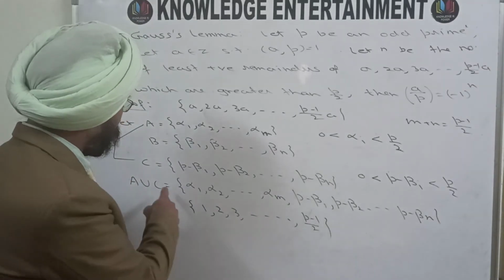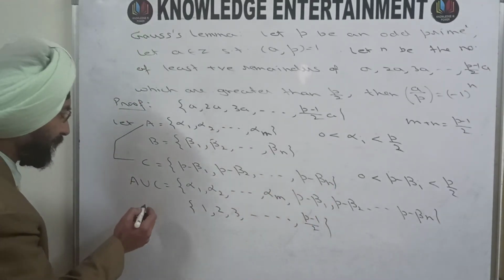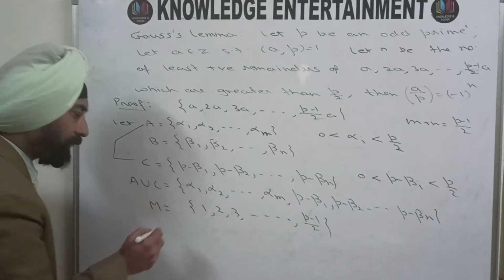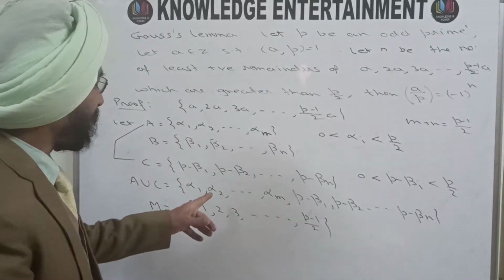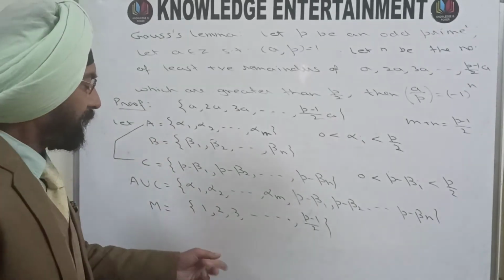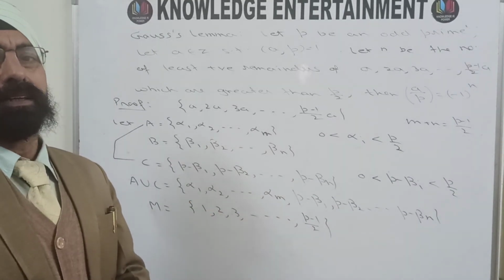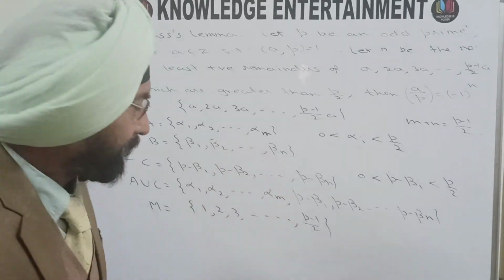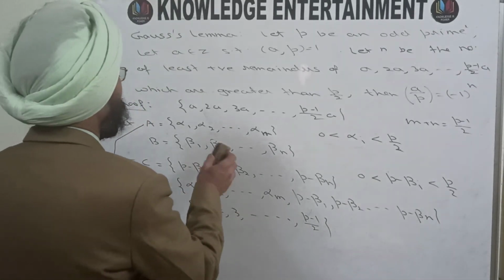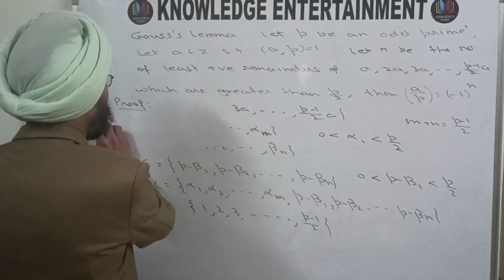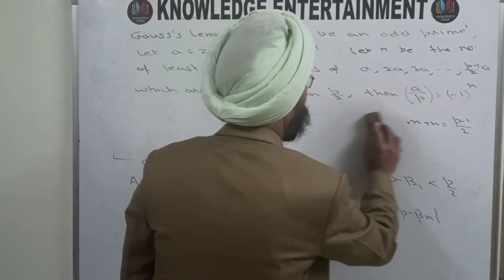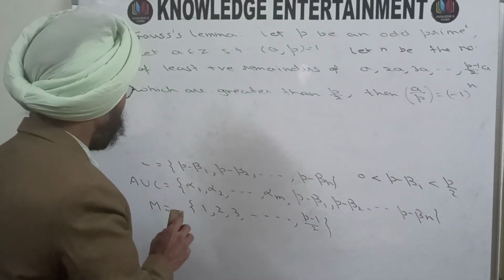That means the product of this A union C, and let this be the set M, the product of the members of the set A union C is the same as, or you can say is congruent to, the product of the members of the set M. I'm going to rub the portion here because I'll need space now to write more.